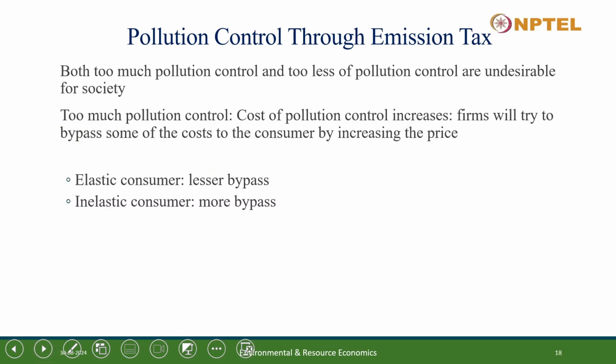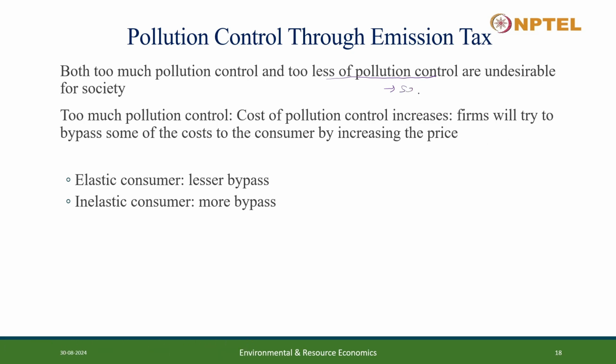And now, why is an optimum level of tax needed? Too much pollution control and too little pollution control are both undesirable because this will impact total social welfare, right? When you do too little pollution control, then the cost of externality will be incurred by society.